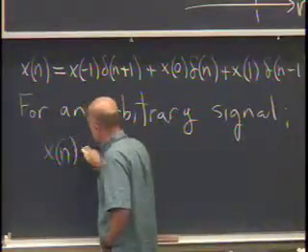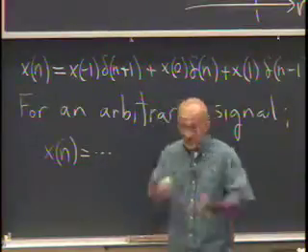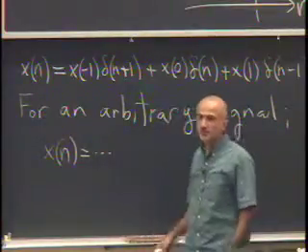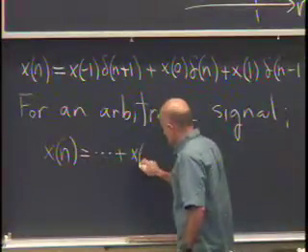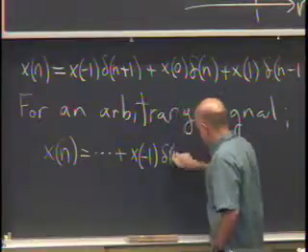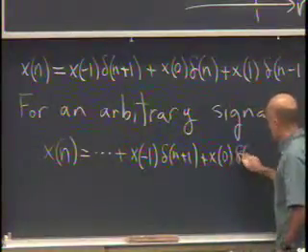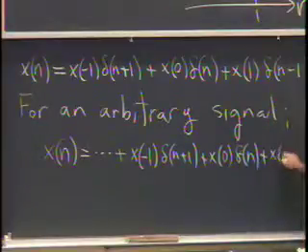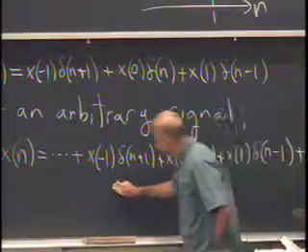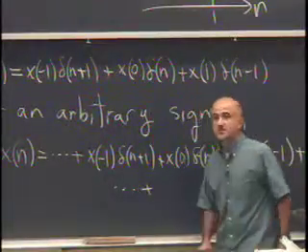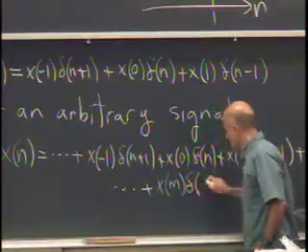I can write x of n as, potentially it extends over the entire set of integers, so dot, dot, dot, plus x of -1 delta n plus 1, plus x of 0 delta n, plus x of 1 delta n minus 1, plus dot, dot, dot, plus the mth term is x of m delta of what?